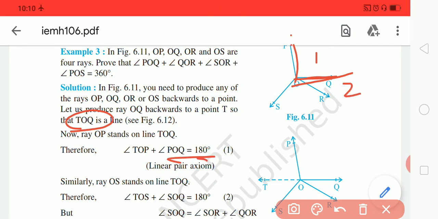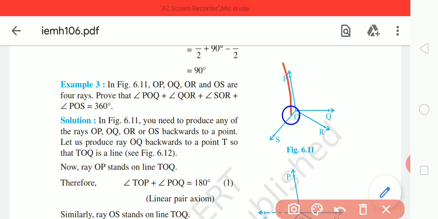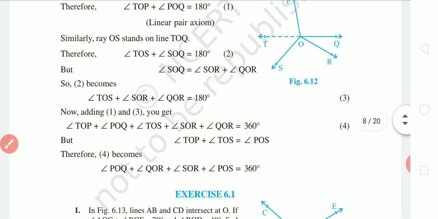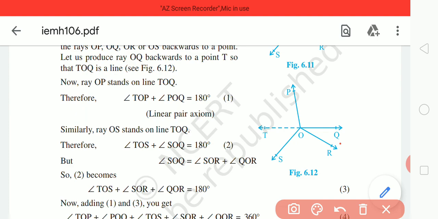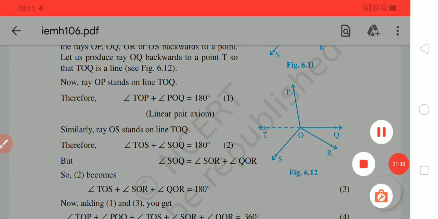So your TOQ and your POQ, this is your POQ. Okay, we will cover this one in the paper pen video, right? It is lengthy to understand in this video. So complete today the concept and the examples.